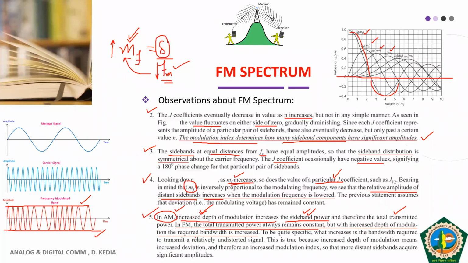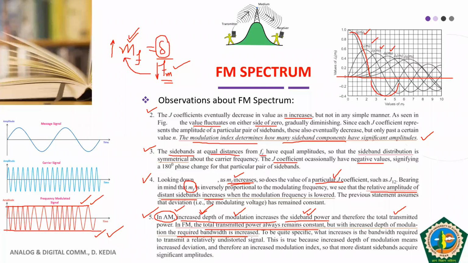Whereas in case of FM, since our carrier amplitude is fixed, it means the total power has to be fixed. Then what will happen if we increase the modulation index in case of FM? If we increase the value of modulation index, then instead of increasing the power, the required bandwidth will increase.